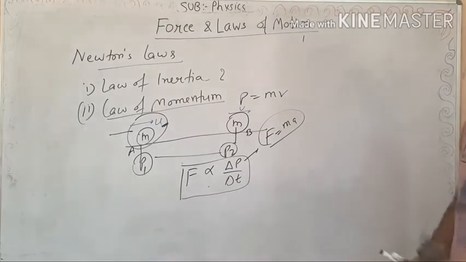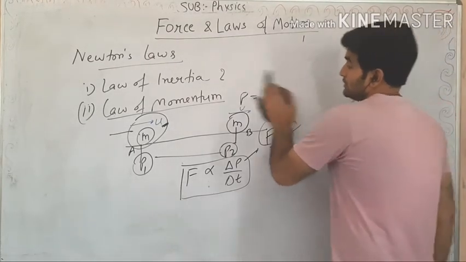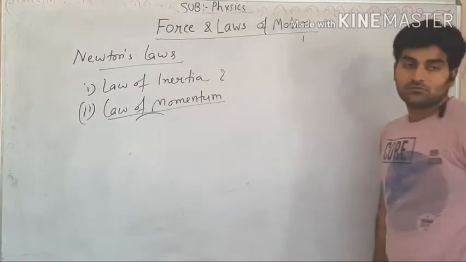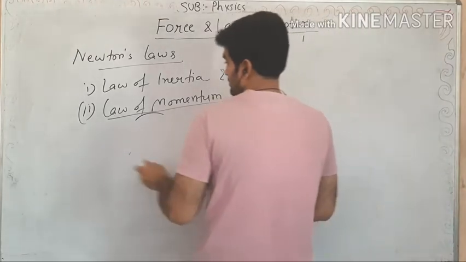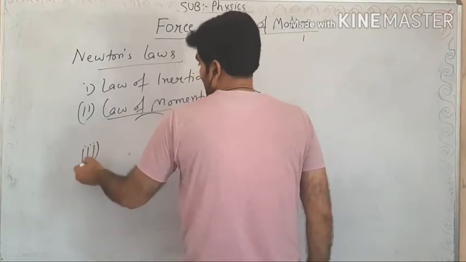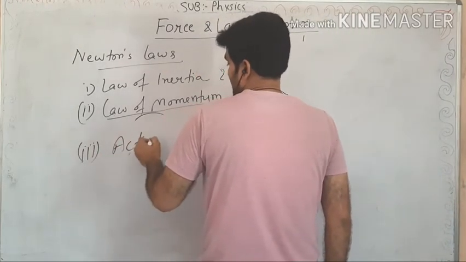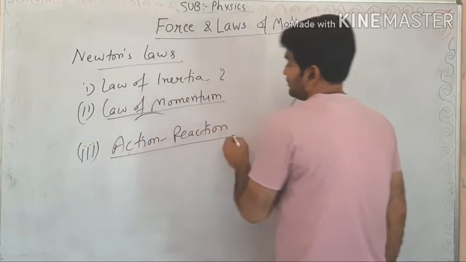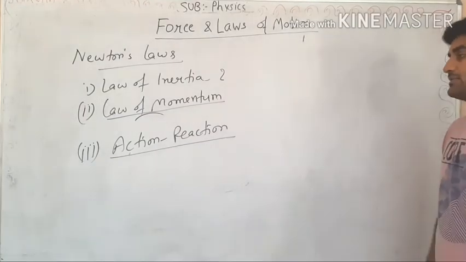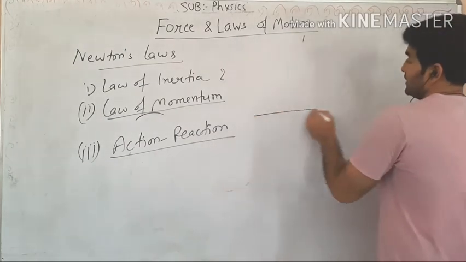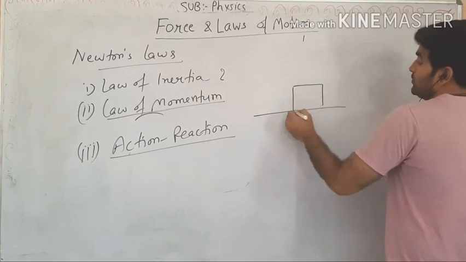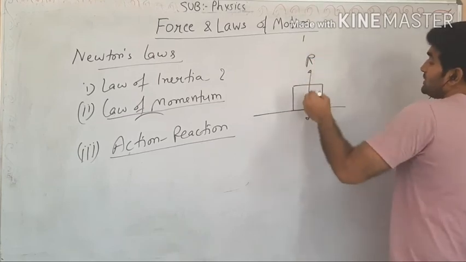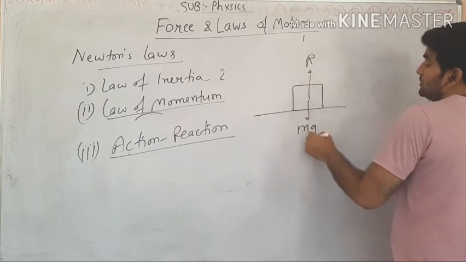Now we talk about another law, the third law: the action reaction law. What does it say? For example, if there is a force on a body, there is a normal reaction force acting upward, and definitely there is a downward force.